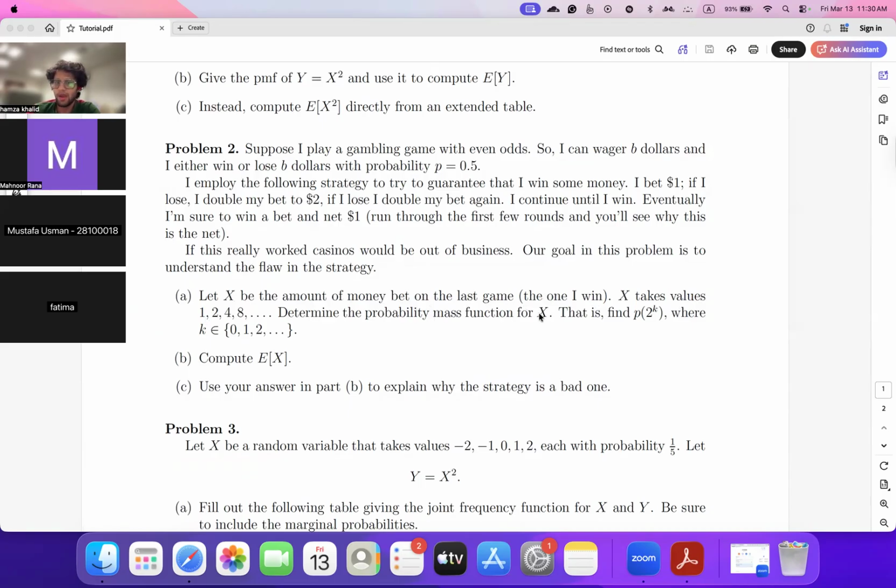Determine the probability mass function for X, that is, find P of 2^K, where K is this. So what does this simply mean? It's asking you to find the probability that my random variable takes on the value 2^K. What are Ks, by the way? What does K denote here? Can anyone tell me?